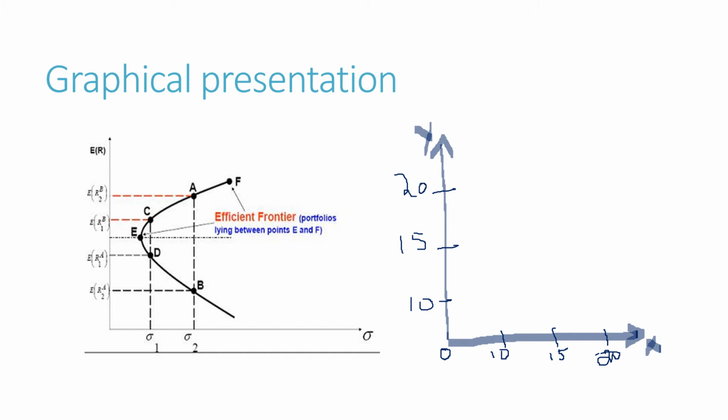The x-axis is denoted with standard deviation, that is the risk measurement, and the y-axis is expected returns.